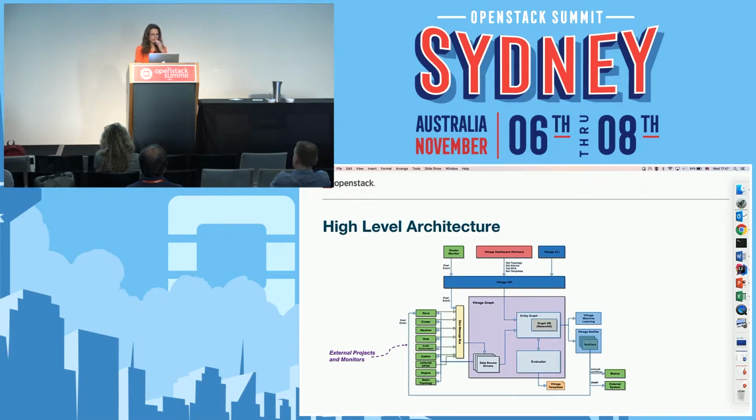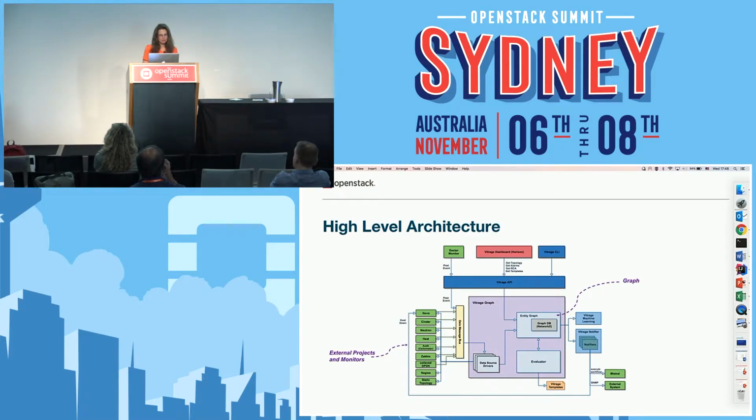And all this information is retrieved into Vitrage either by polling or by push notifications, depending on the data source. Most of them are using notifications, and the information is inserted to a topology graph. And the topology graph has all the resources from the physical layer, the virtual layer, the application layer, and you can see the relations between the layers and the effect they have on one another.